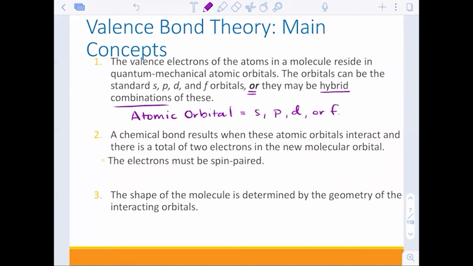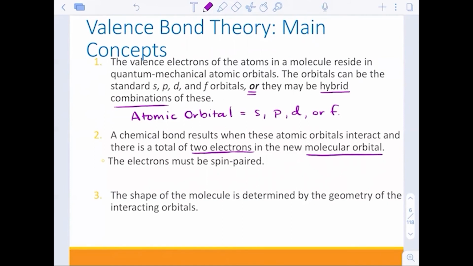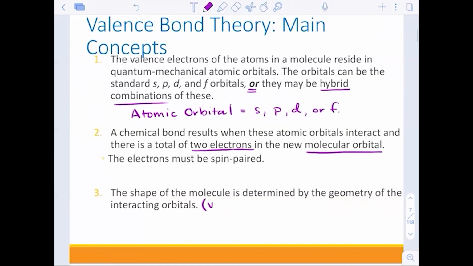I could take a combination of s's and p's and d's, mush them together, and we'll discuss what that means. Now, a chemical bond results when these orbitals interact, and there's a total of 2 electrons. And that becomes a new molecular orbital. This is where we start to see how molecular orbital theory will play a role in valence bond theory. Now, the shape of the molecule is determined by the geometry of those interacting orbitals. That's where VSEPR theory, valence shell electron pair repulsion theory, is enhanced.